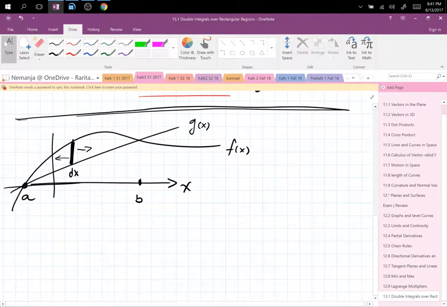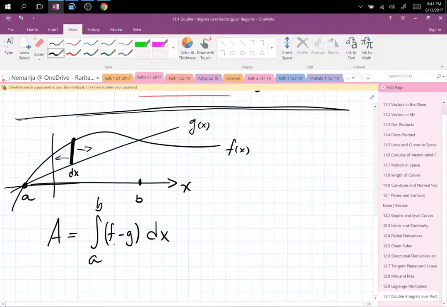So this is what I tell myself in my head as I'm looking at this, trying to set it up. I say the area is going to be between A and B of dx. Now, the top of dx rides on f of x, so f minus g. Top minus bottom. Obviously, f of x minus g of x. Now, this skill is important, obviously, for your Calc 3, because you will have a lot of those calculations coming up.